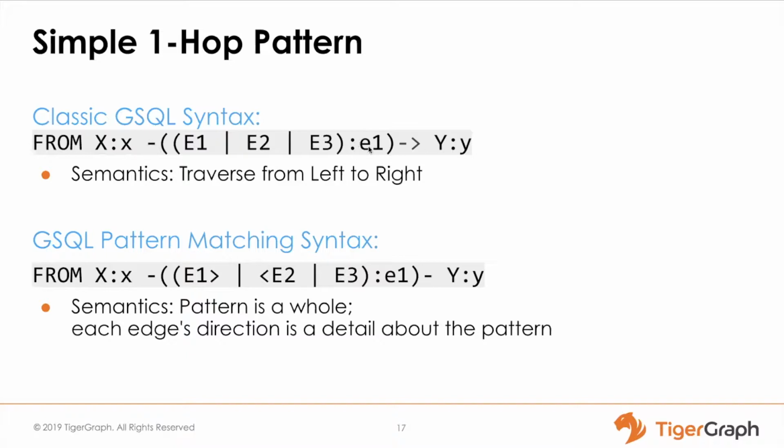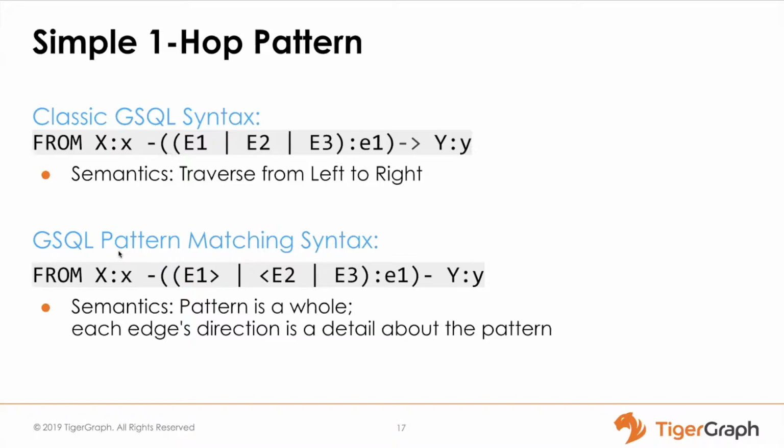Then colon E1 specifies an alias for this edge type. Then you have dash right arrow to represent the direction of the data flow, and then you reach the target of the edge. The semantics always say that I start from X and go through E1 or E2 or E3, and then I arrive at Y, the target bound by the alias Y. The data flow is always from left to right.